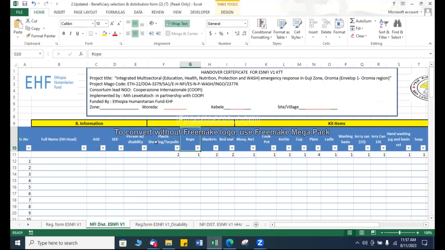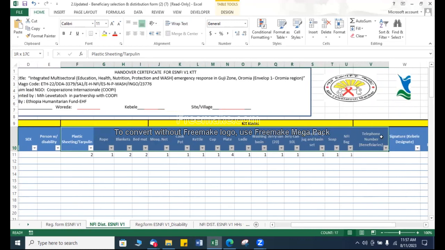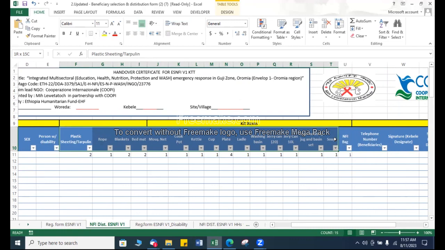So if you see here, the same household name will be transferred, his age will be transferred, sex will be transferred, then person with disability will be transferred. Then these are the kit components, for example, for SNFI kit volume 1. So if it is another type of item you are giving, you can change this part based on the type of items you are providing.